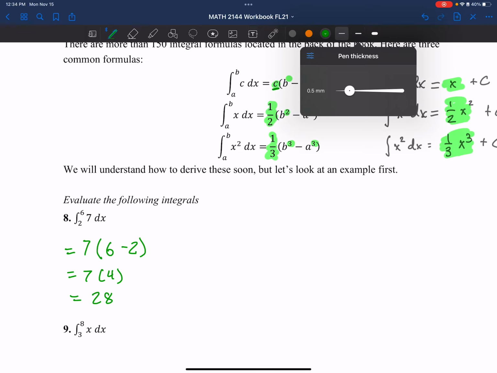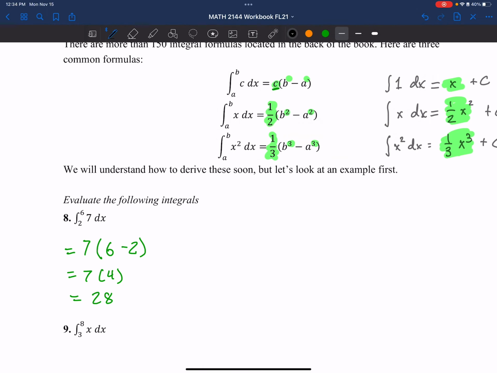But just to make sure we're okay with what we're actually looking at, what geometric shape is formed with the constant function 7? It's a rectangle. So if we were to go ahead and sketch the graph of f of x equal to 7, this is the constant function.